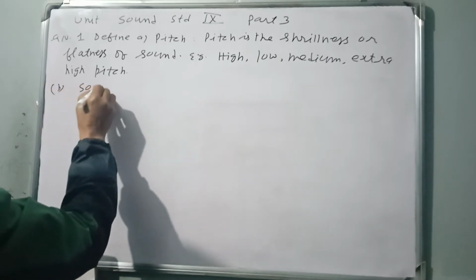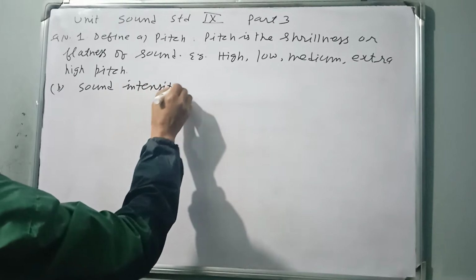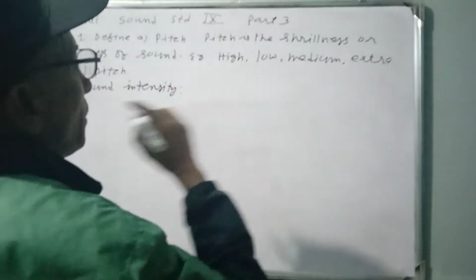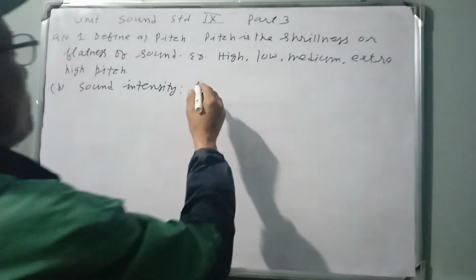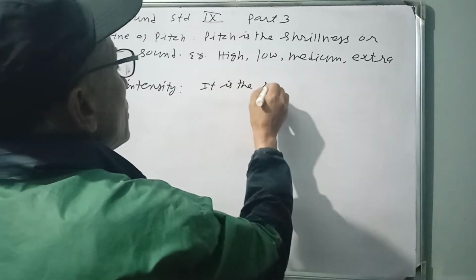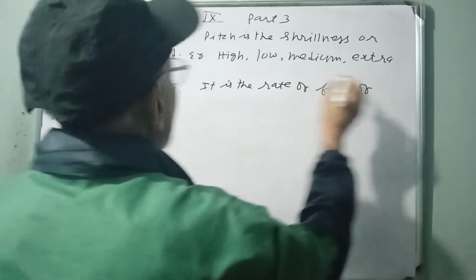Another, sound intensity, just like luminous intensity. Sound intensity, you have to know 1 second and 1 square meter area. It is the rate of flow of energy, that means sound energy.